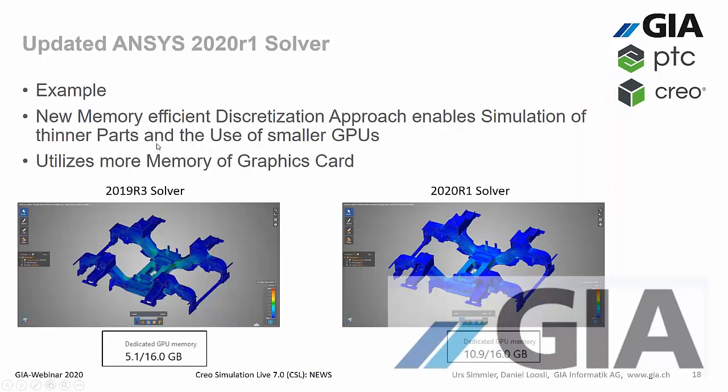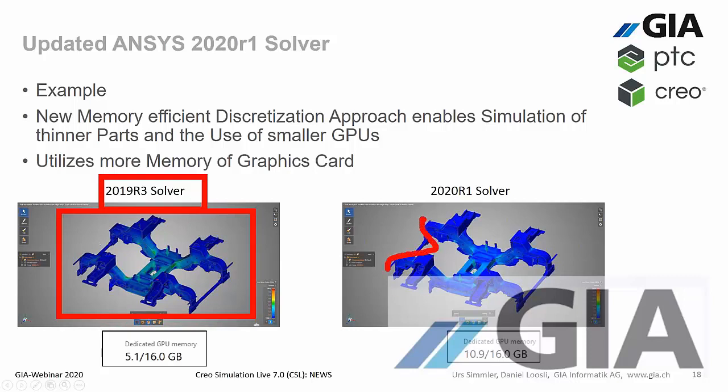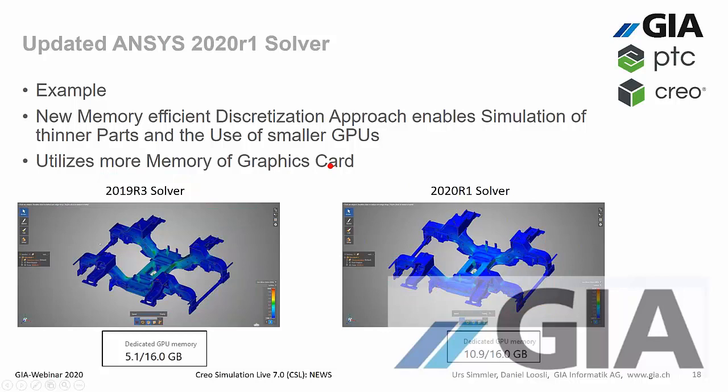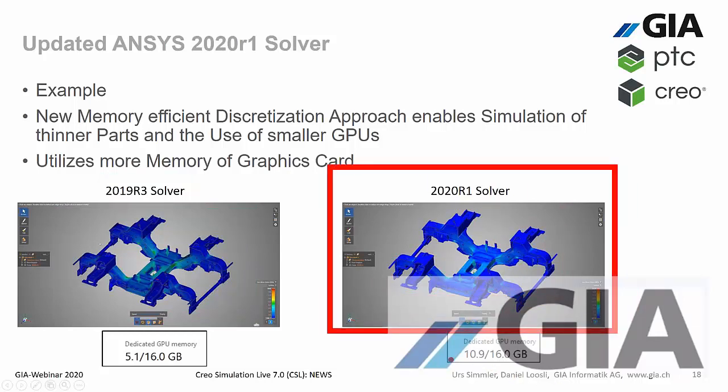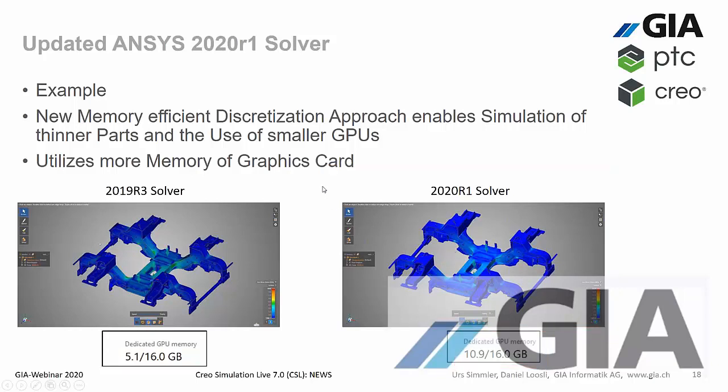That changed now because they improved the old solver. It's not filling the bounding box with voxels, it's just filling the geometry with voxels, or let's say elements. And by the way, the new solver uses much more power of the GPU. In the old solver it was below 30%, and in the new solver, which comes out in about a month, more than 60% of the GPU power will be used.